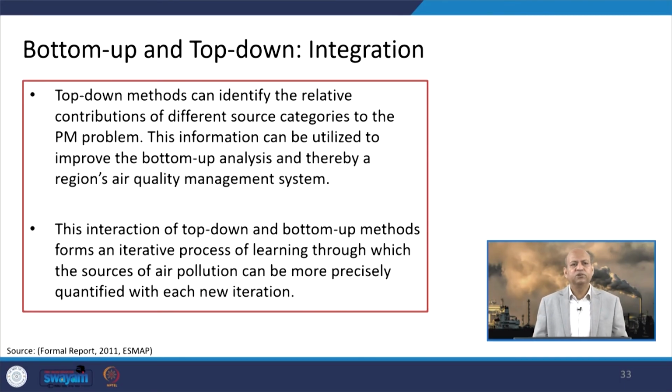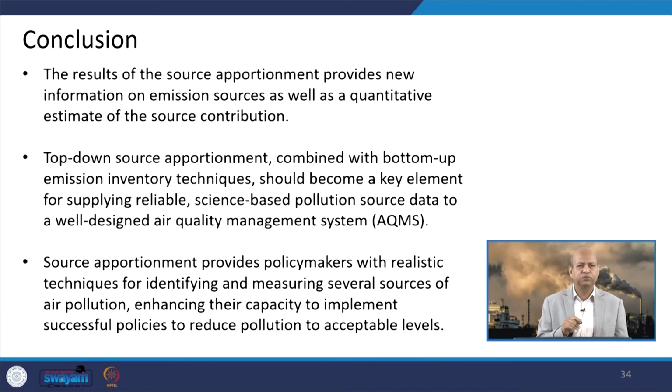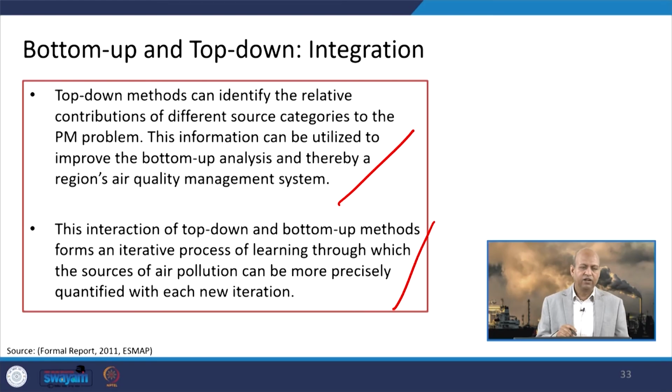Well, we can look into the information available through bottom up or through top down, and we can have the best aspects of both techniques, and that way minimize the limitations of both approaches.